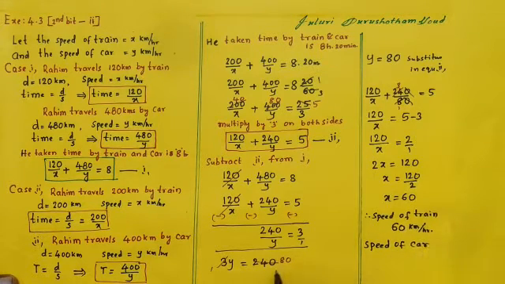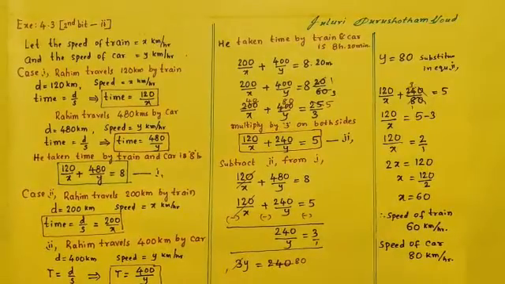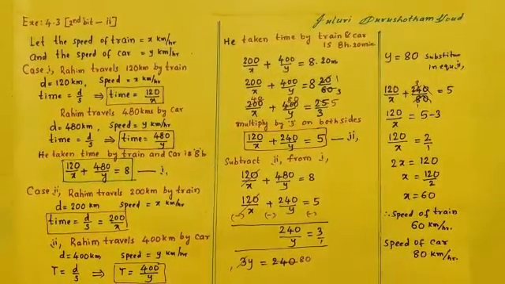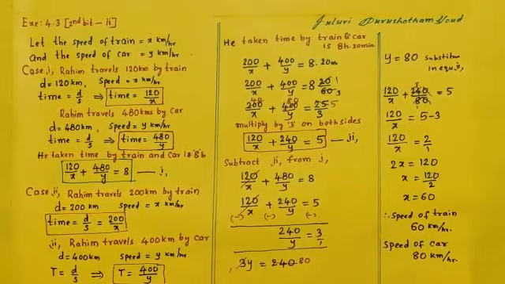What is the speed of the car? 80 kilometers per hour. Do you understand? Okay. Check once, note it down and practice it.